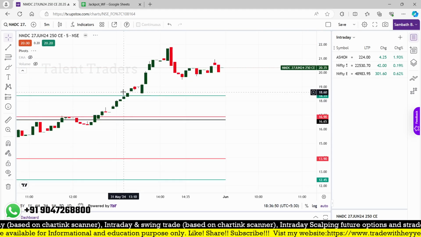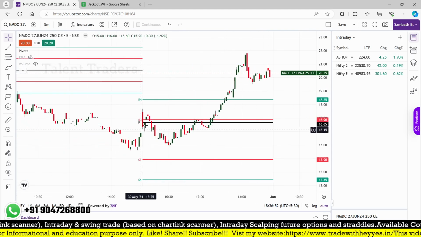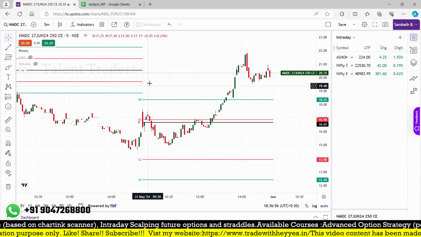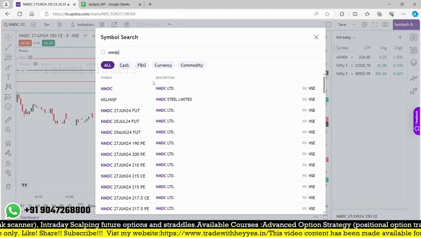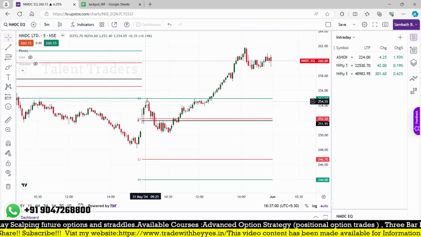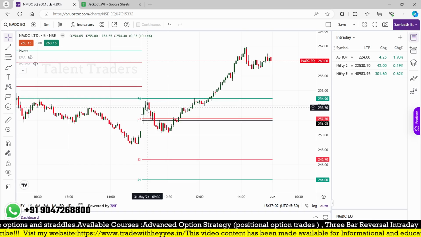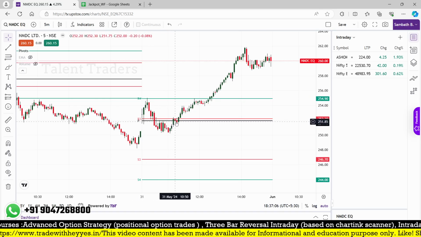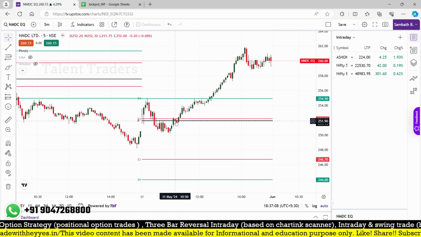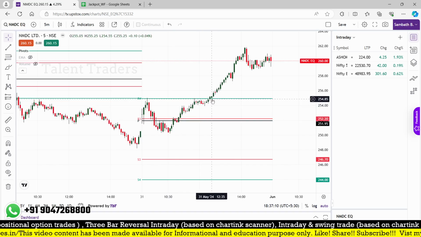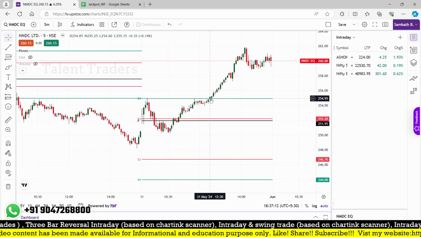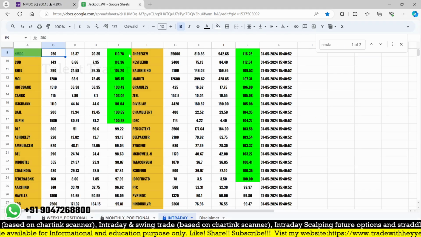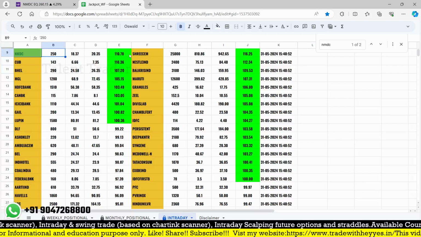Here the breakout only happened near about 1 o'clock, but our R4 on the stock broke at the second candle. You can see the 9:30 to 9:45 candle high, and it also triggers your stop loss, maybe if you are keeping a pivot. After that there was another breakout, but the option itself gave the breakout by 1 o'clock only. The premiums are at a very high level, so that may be the reason.